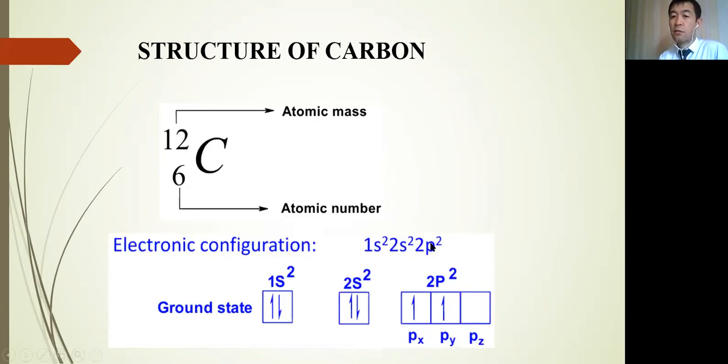This is the electron configuration of carbon: 1s2, 2s2, and 2p2. This is the outer shell, and carbon has 4 electrons in its outer shell.